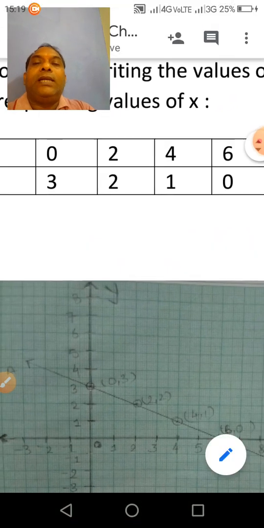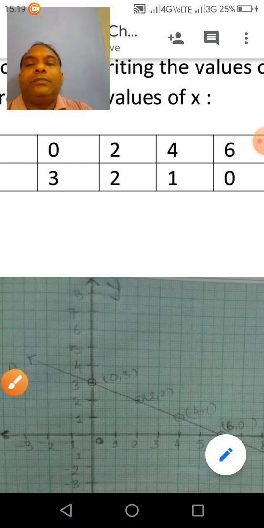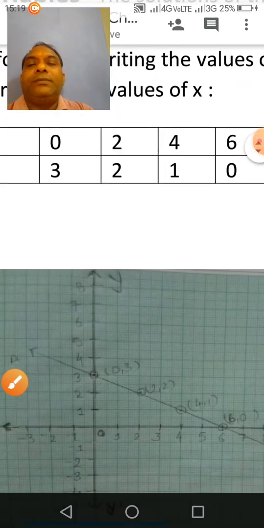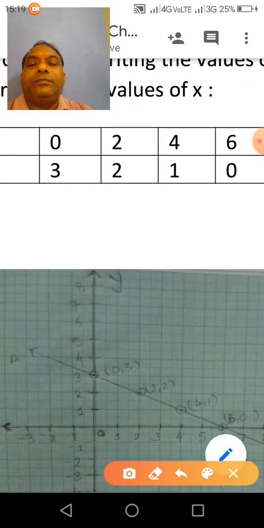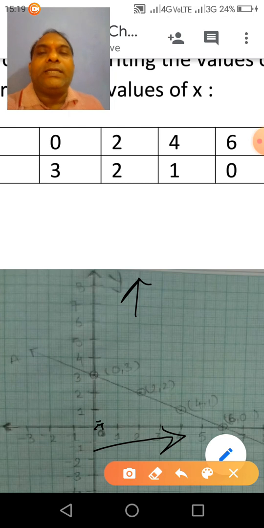Clear? This one is the y axis, and this line is the x axis. The point of intersection is known as the origin. Clear? You studied it in the previous exercise.